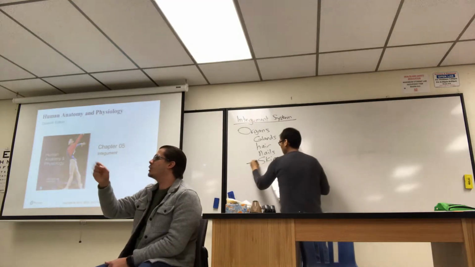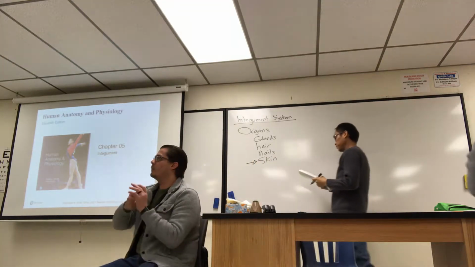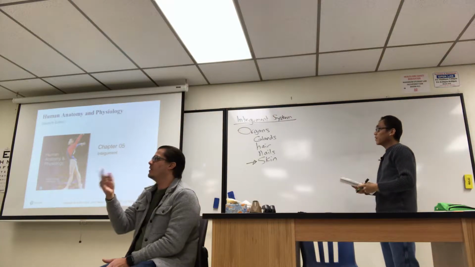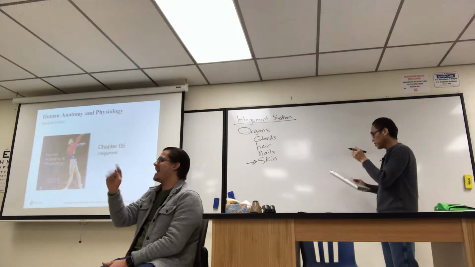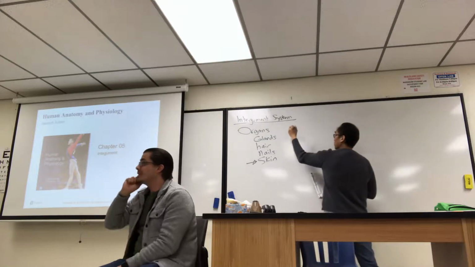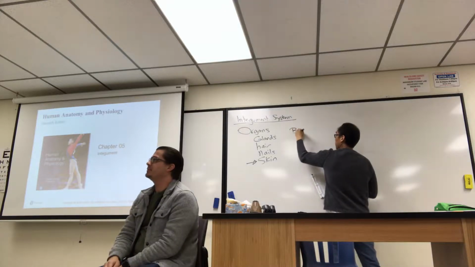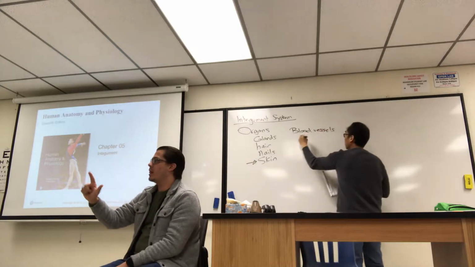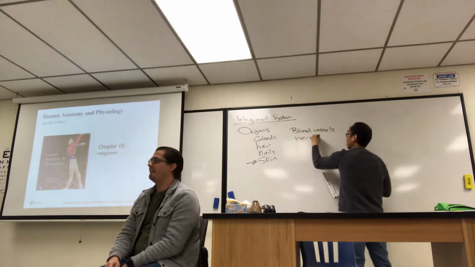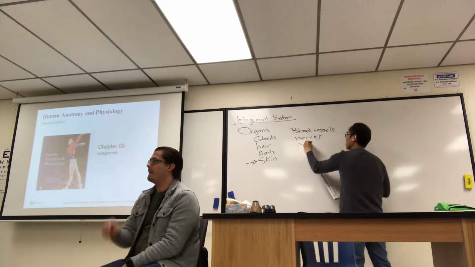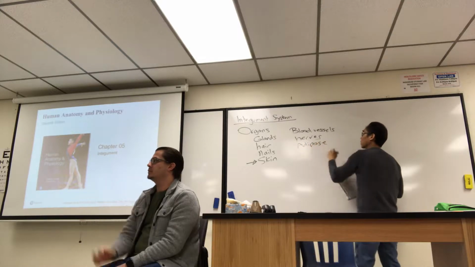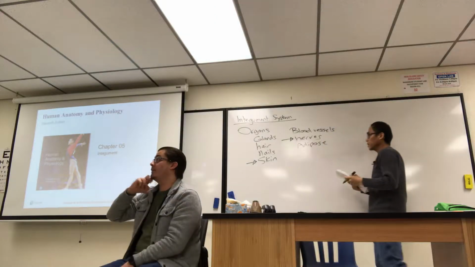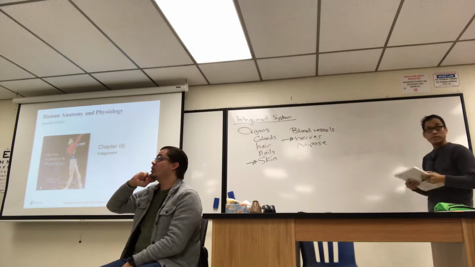Now skin is primarily what I'll be talking about. But there's other things that you kind of see as you study the integumentary system, which is mostly your skin. There's also associated things like blood vessels, nerves and adipose. Nerves especially because the skin is your largest sense organ for touch.